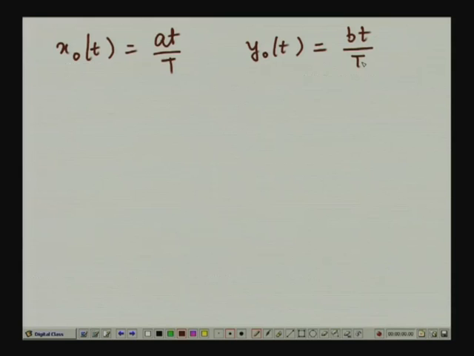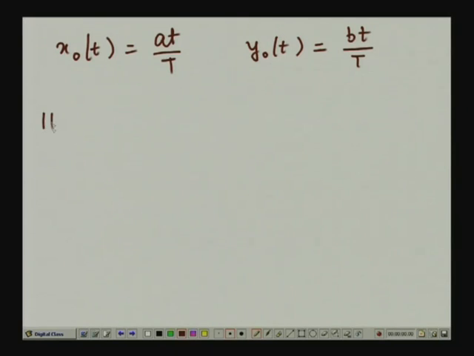Now, in this particular case, if I assume that x0(t) is equal to a t upon T, and similarly y0(t) is some constant b t upon capital T, that means over a period of capital T during which the camera shutter is open, in the x direction the movement is by an amount a, and in the y direction the movement is by an amount b.